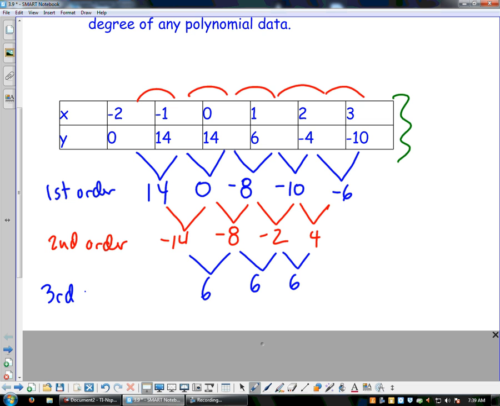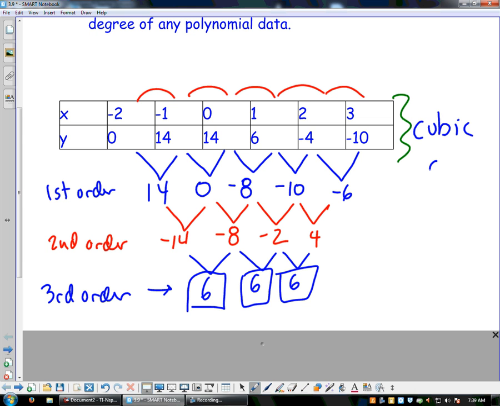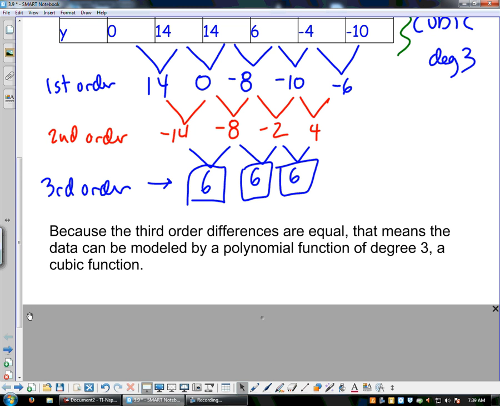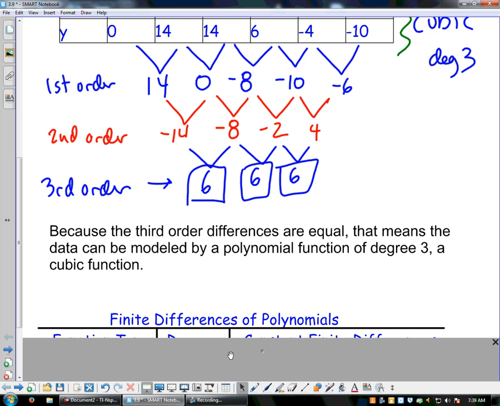So the third order differences are all the same non-zero number. That means this data is cubic. It's degree 3 data. Because the third order differences are equal, the data can be modeled by a polynomial function of degree 3, which is a cubic function.